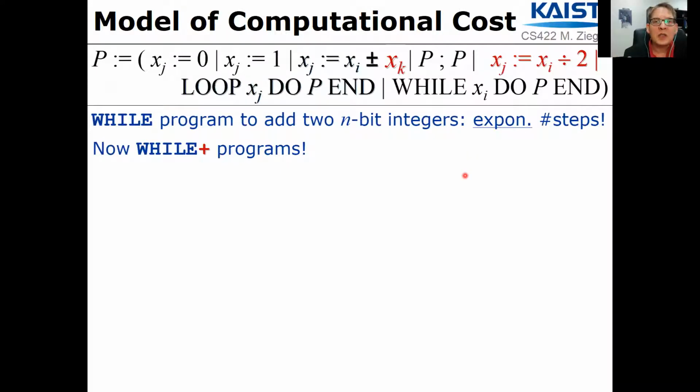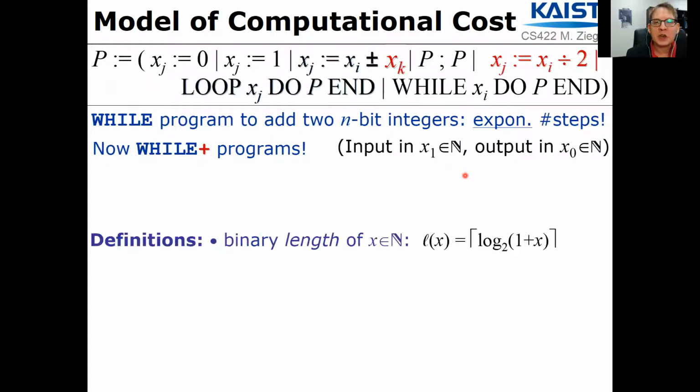And that's our new way of measuring computational cost. We now count the number of operations, including this now enhanced set of operations. And we measure the number of operations, the computational cost, in dependence on the binary length of the input, not in dependence on the value, but on the binary length of the input, which is defined in this way for single natural numbers.